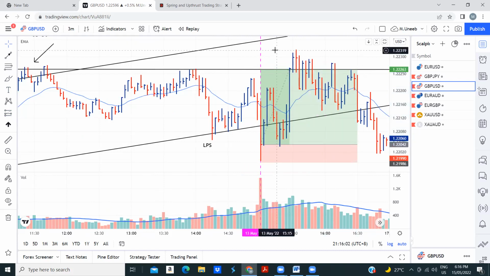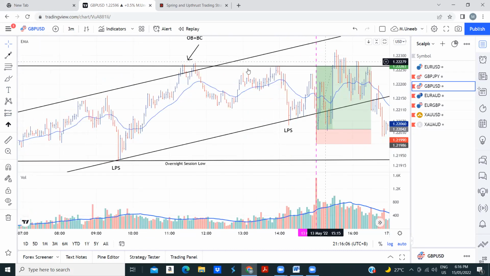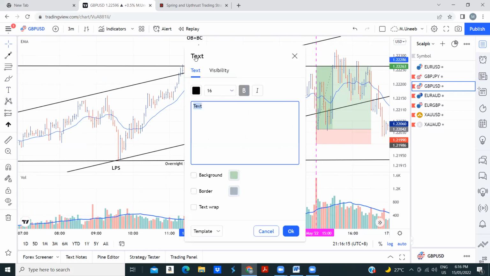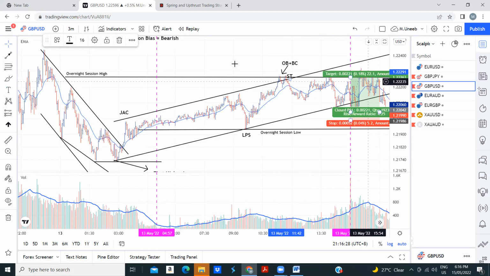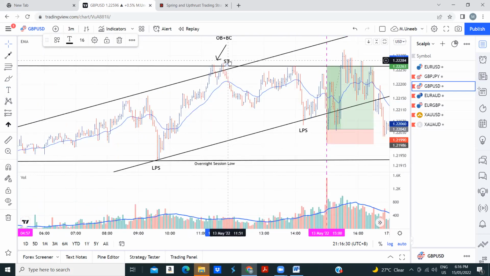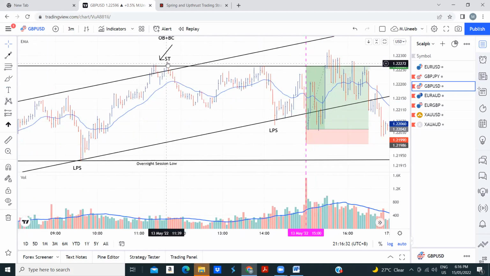But as soon as we observe that the price reaches this level, so this is OB and BC, this is secondary test, ST, you know that. And we have both accumulation and distribution. It's not like you can have accumulation and distribution within the same trading. The broader range is accumulation, but the smaller is distribution. Got it? Secondary test.